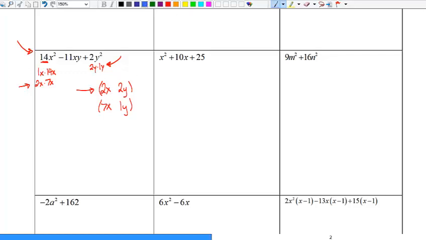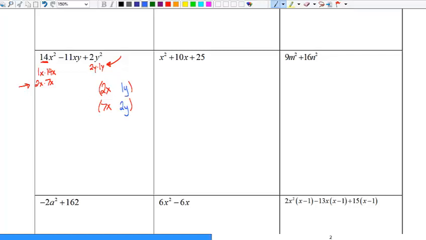If you went ahead and tried it, you're still going to get it wrong. 14 and 2 are not going to ever get you 11. I'm telling you, don't even try that one. In fact, I wouldn't try it at all either. So I'm going to go ahead and erase all this. And instead of putting the 2 next to the 2, I'm going to put the 2 across from it.